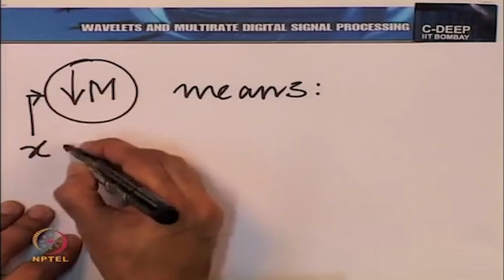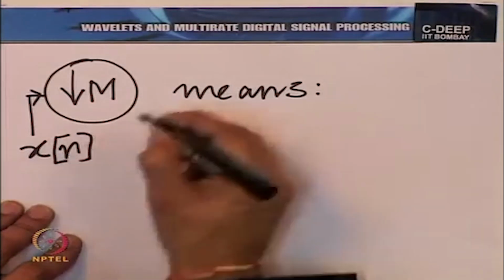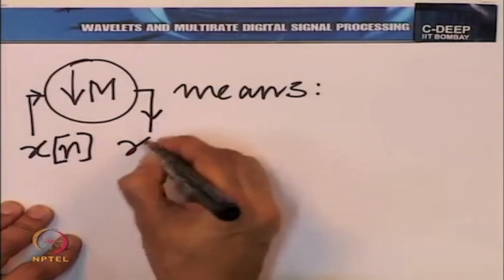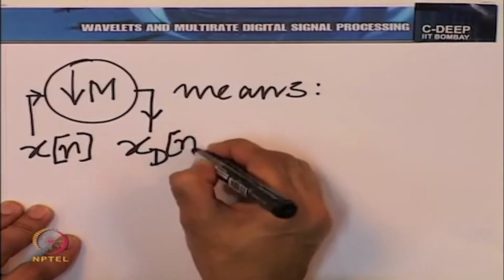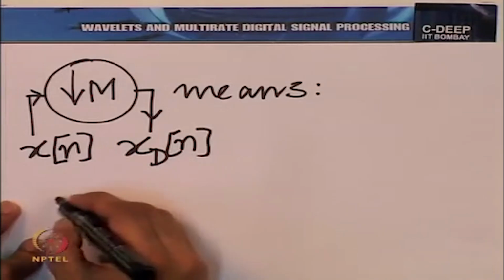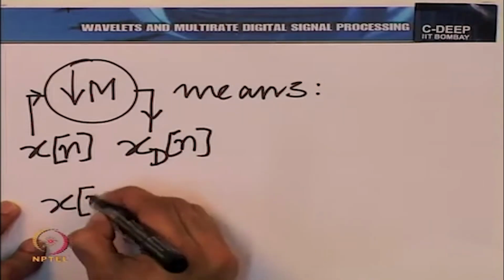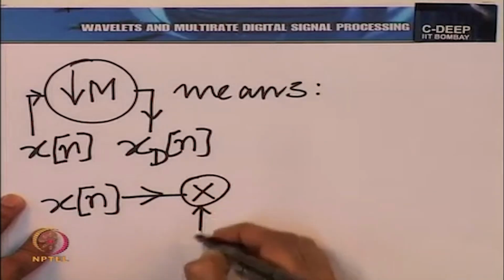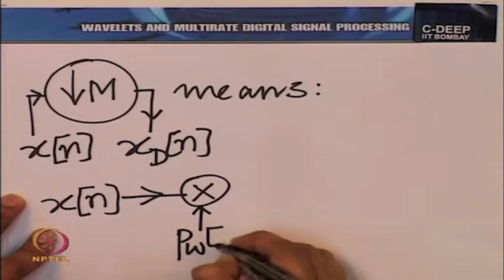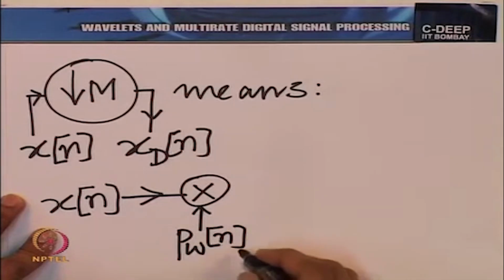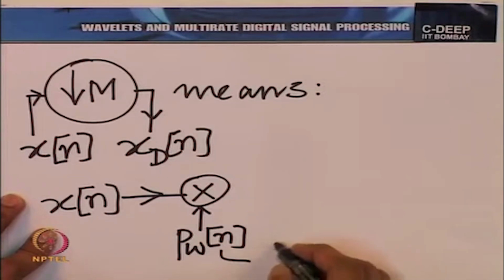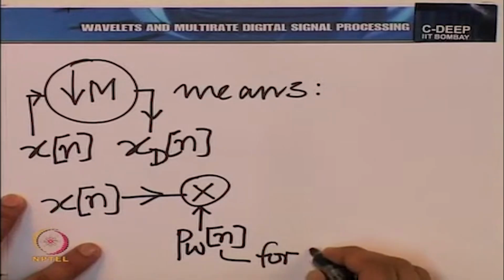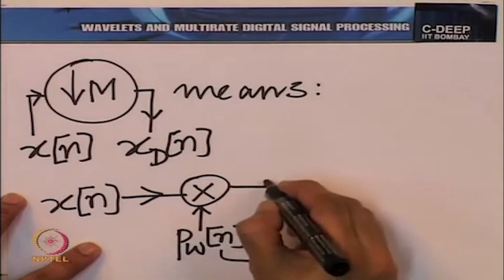Let us say x[n] has been downsampled to produce x_d[n], and that means x[n] has first been multiplied by PWN, PWN for downsampling by M, for M in brief. And then now look here.